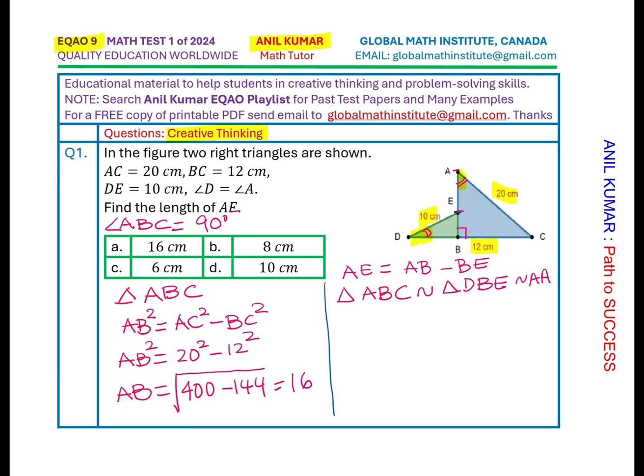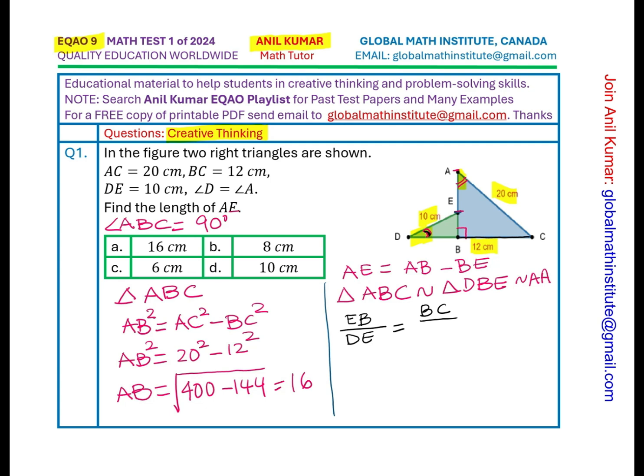Since we need to find E to B, let me write EB first. So EB over what is known here is the hypotenuse DE. That should be equal to, now EB was opposite to the equal angle D, so we'll have to put BC there. Do you understand?